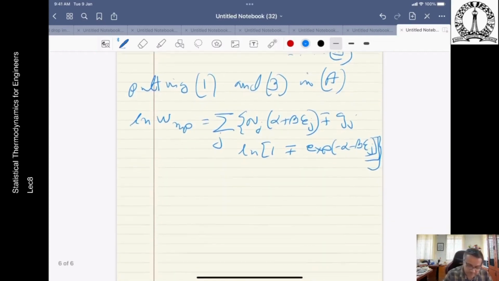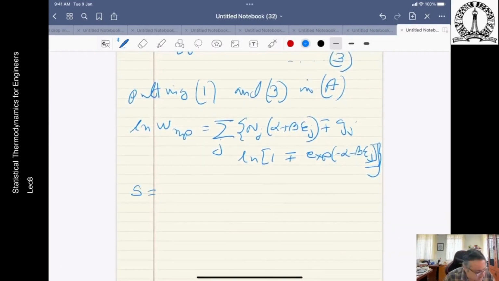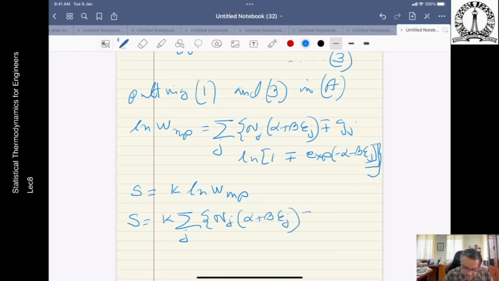Now since S is equal to K ln WMP, therefore S will be equal to K times the summation over j of Nj (alpha plus beta Ej) ∓ Gj ln[1 ∓ exponential of (minus alpha minus beta Ej)].